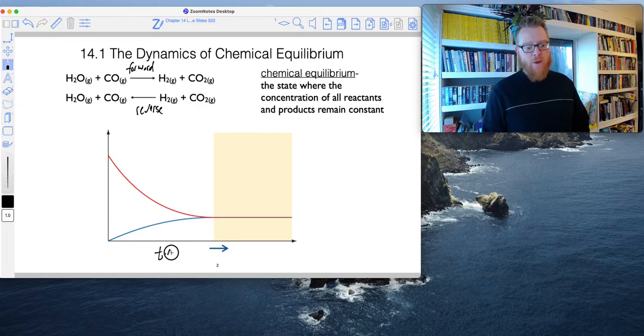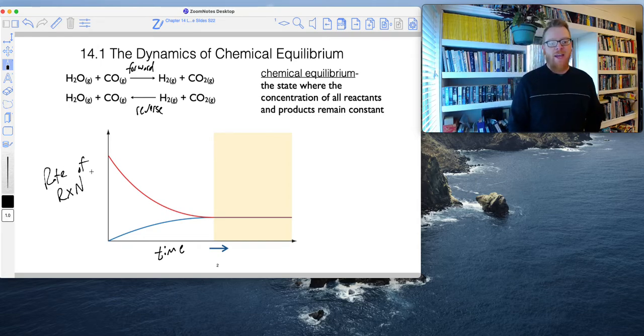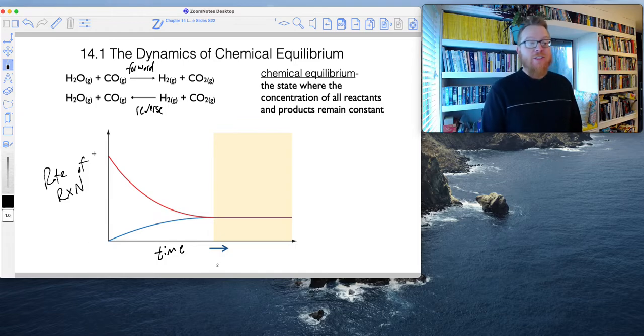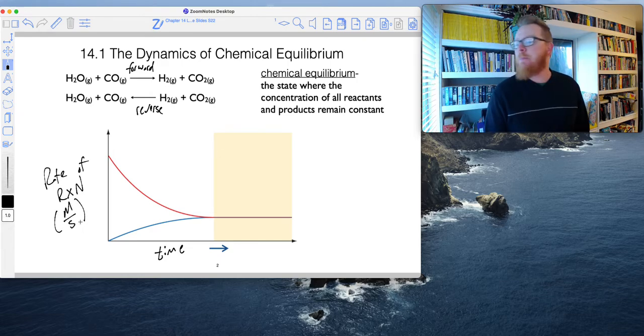So once again, my x-axis is time, and now in this representation, my y-axis is the rate of reaction. I often write RXN as an abbreviation for reaction. And so this rate of reaction would be expressed in molarity, let's say per second.